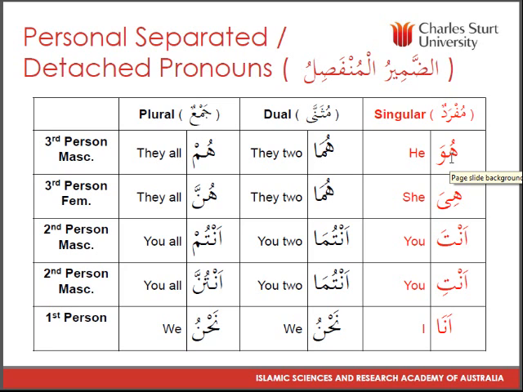You are second person, singular, and masculine. Anti is second person, feminine, present, and singular. Ana means the person who is talking, I. It is the same for feminine and masculine. It is first person.